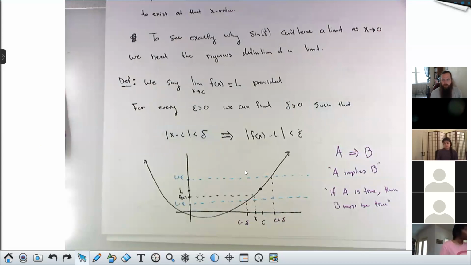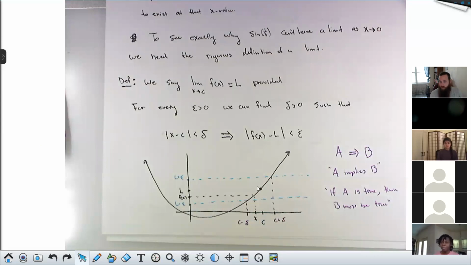So I saw you draw the graph. X is at the x point, the y-axis is f of x, and the c point is equal to L. f of c is equal to L, right?